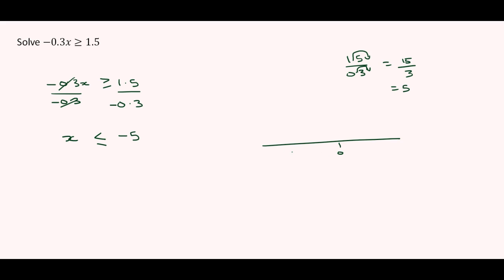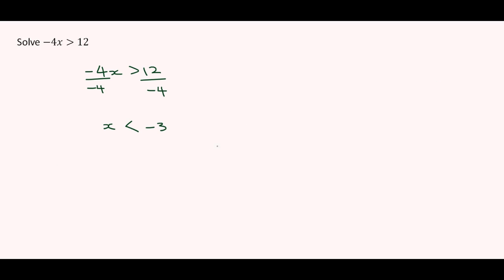So we have 0, we have negative 5. So x is less than or equal to negative 5, so we go in that direction. And then finally, x is less than negative 3. So we have 0 here, we have negative 3. x is less than negative 3.